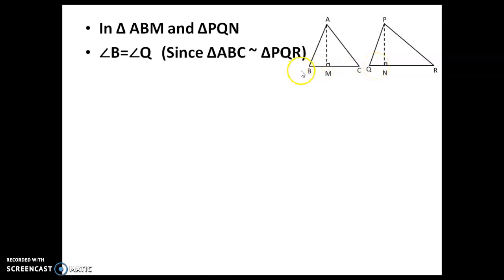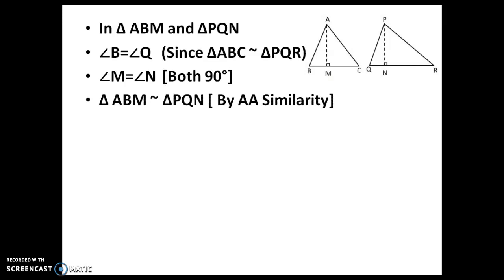Because the whole triangles are similar, and in similar triangles corresponding angles are equal, so angle B and angle Q are equal. Then angle M equals angle N equals 90 degrees, since these two are altitudes. So two angles are equal, and these two triangles are similar by AA similarity.